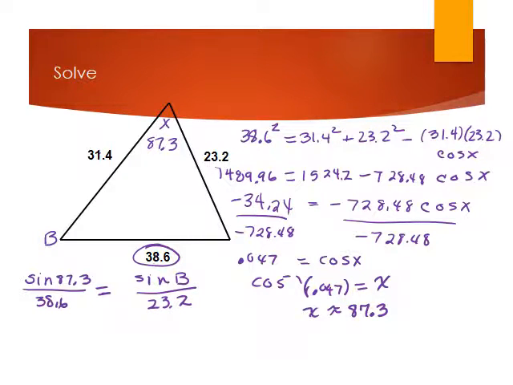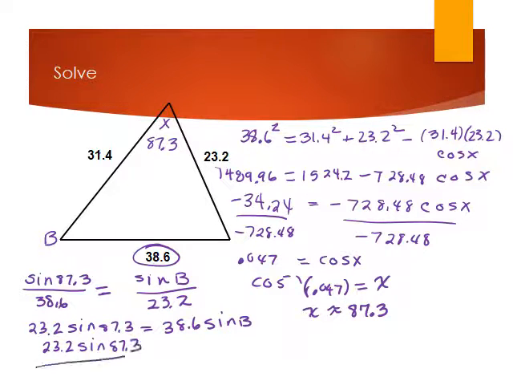And again, remember, it's a proportion, so 23.2 times the sine of 87.3 equals 38.6 times the sine of b. So when I divide, I get 23.2 sine of 87.3 over 38.6 equals the sine of b. And again, I'm going to use that inverse sine.